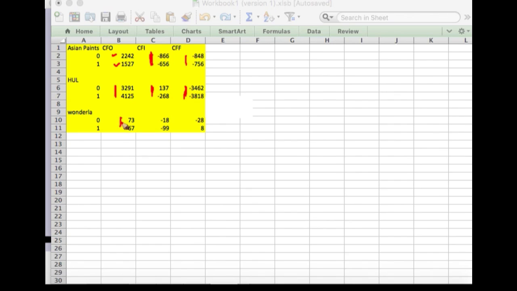Wonderla is generating reasonable operations cash flow. Don't compare 73 with 4125. These are companies on different scales, not comparable. But they're generating good positive cash flows. That's good news. This 99 tells me they have made a really heavy capex investment.